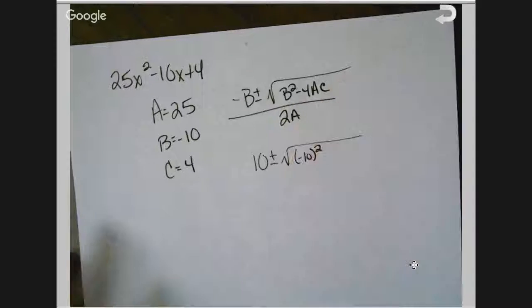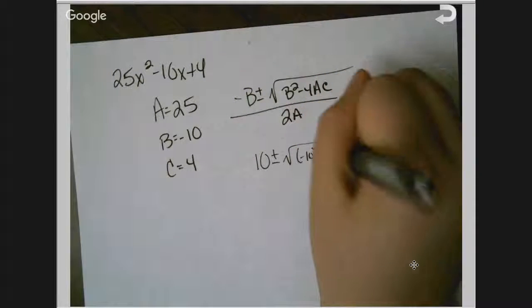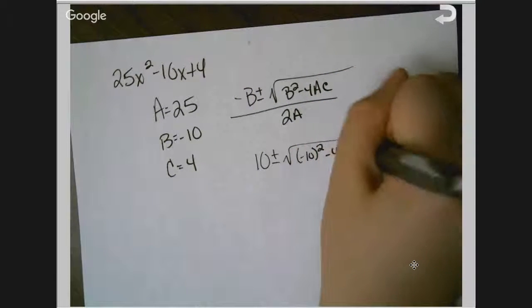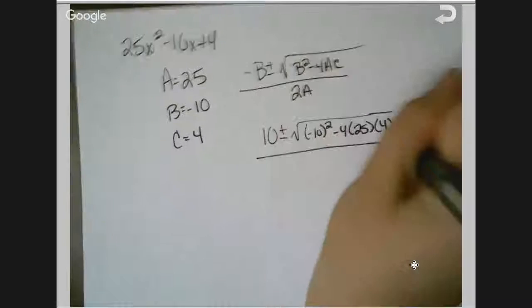Now, one issue with that, as soon as y'all type that in, you tend not to put parentheses around it. It's going to be squared, so it's going to be positive anyway. If you want to write just a positive 10 squared, that's fine, to prevent you from making a mistake. Minus 4 times 25 times 4 again. And then over 2 times 25.